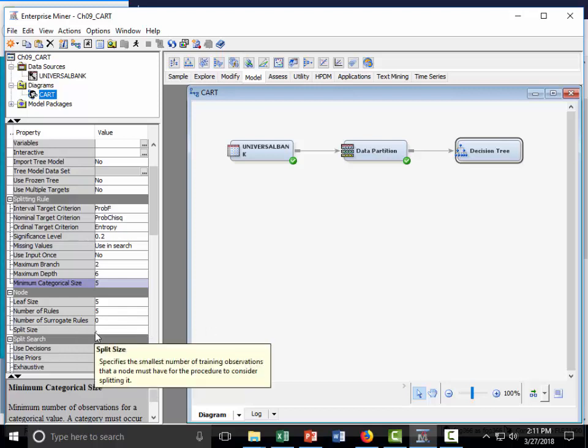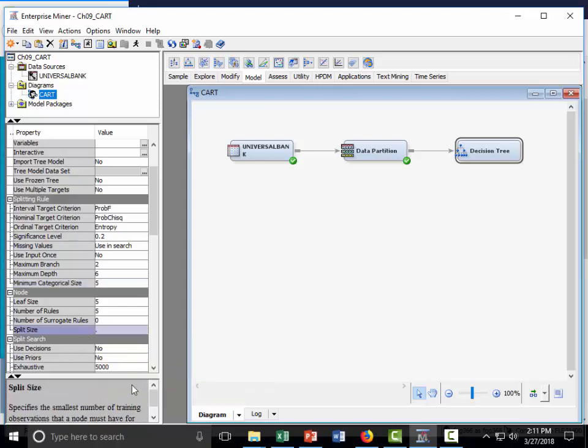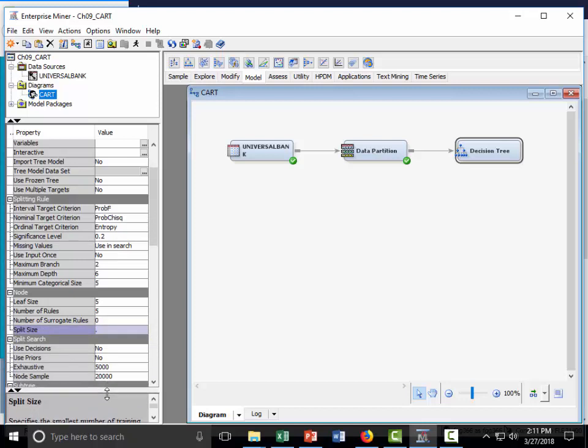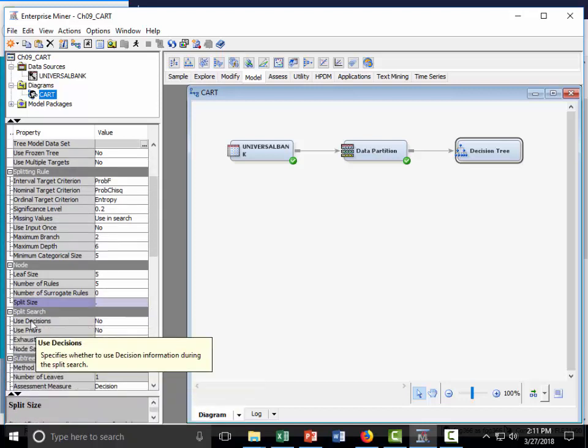And then you can have the split size, which specifies the smallest number of training observations that a node must have for a procedure to consider the split, okay. And split search, so here is use decisions, okay.